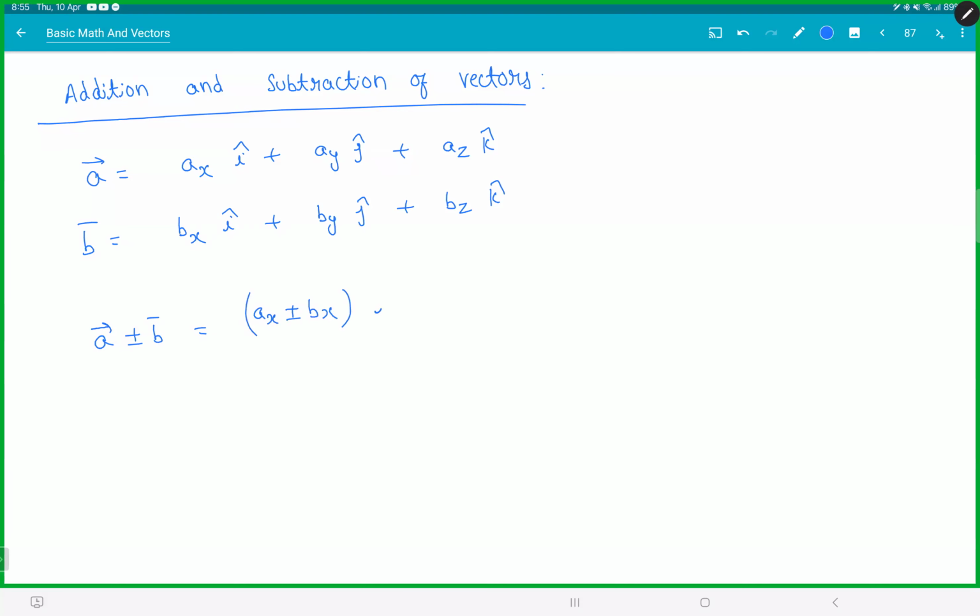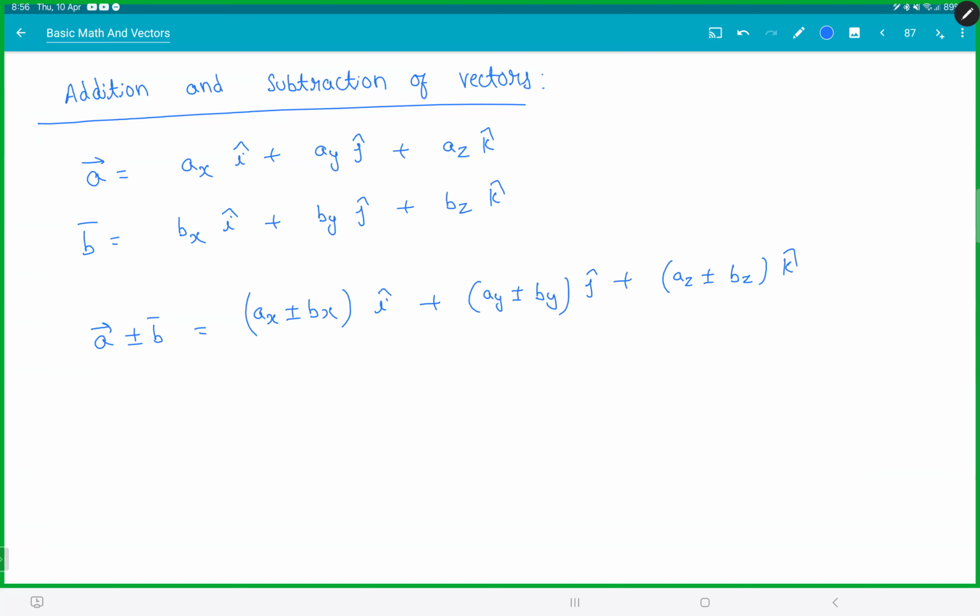So i cap components add up, y components add up, and z components add up. So that's it. There's nothing much there. So when you add, you just make sure to add i's together, j's together, and k's together. Don't mix up i and j. Is this clear, everyone? Clear?